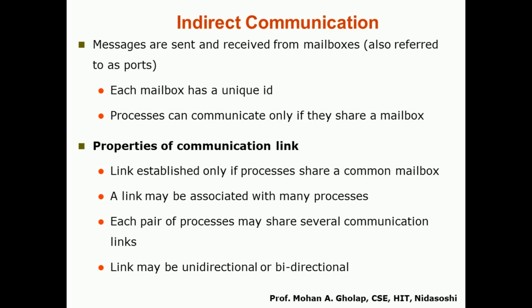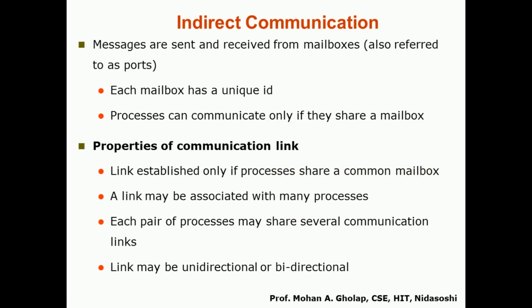Similarly, a link may be associated with many processes, because we know that in order to have communication, both processes should have the shared mailbox, and the mailbox will be shared between the two processes. So if the link is shared among a number of processes also, no problem.